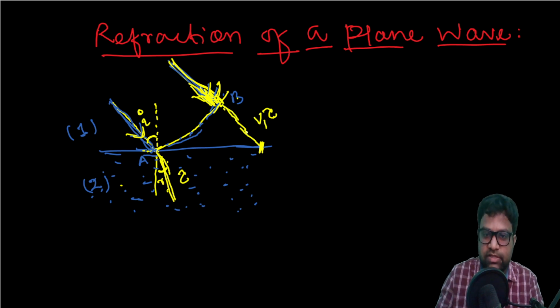Obviously the distance in the second medium will be tau into v2. The speed in the second, denser medium will be less, so v2 tau will be less, so the distance here will be slightly less.